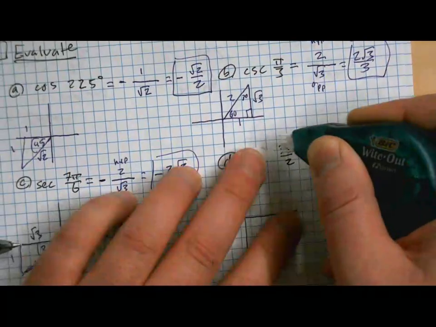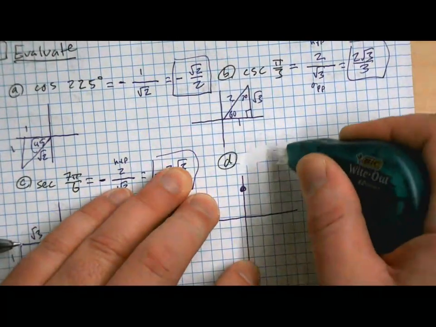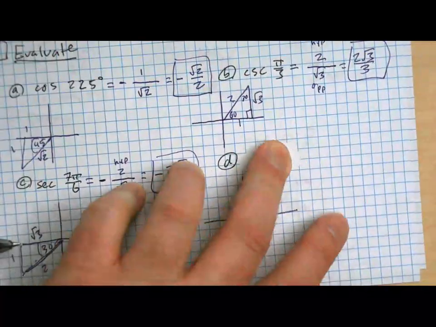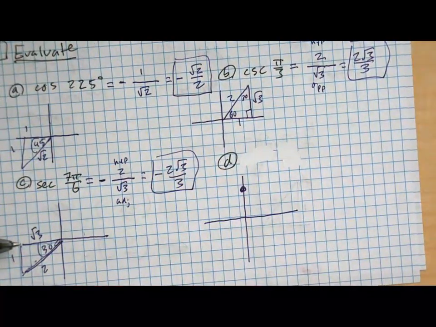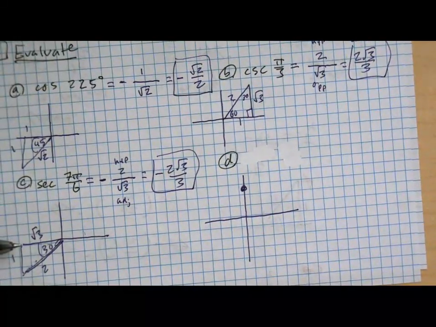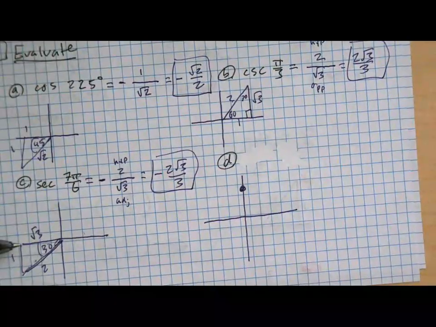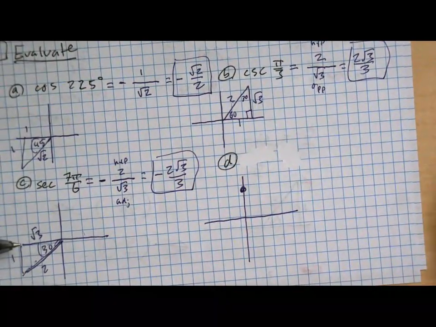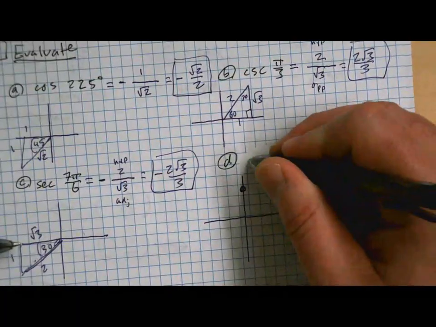Sorry if you've already done it. We should be able to handle quadrantals, but the one that I had, the angle's not in a quadrant, and the instructions say to draw a reference triangle, and you can't draw a reference triangle for that one. So let me switch this up.